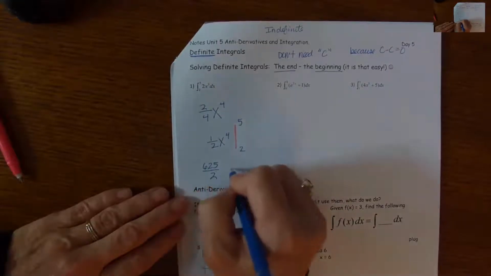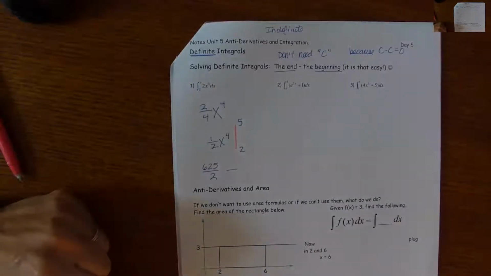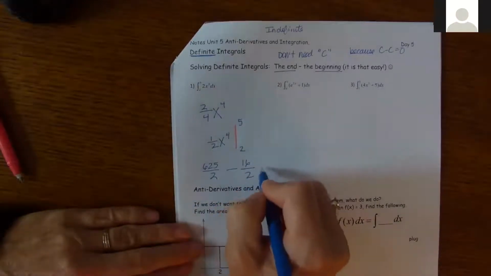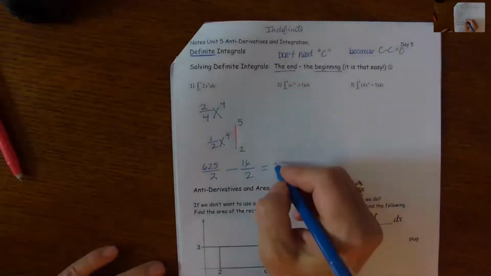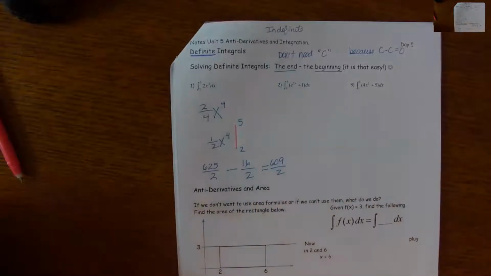over 2 minus, now plug 2 in there. What's 2 to the 4th? 16. 16 over 2, and we're done. What's 625 minus 16? 609? Easy, right?